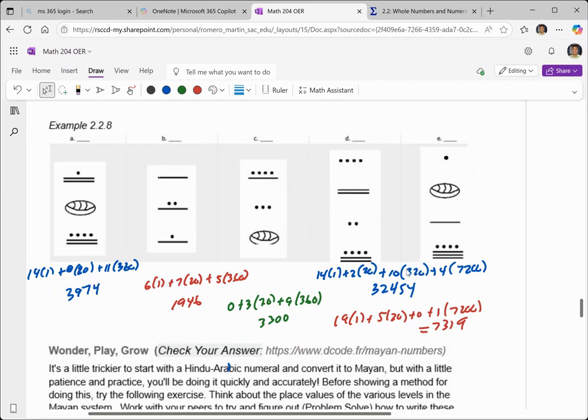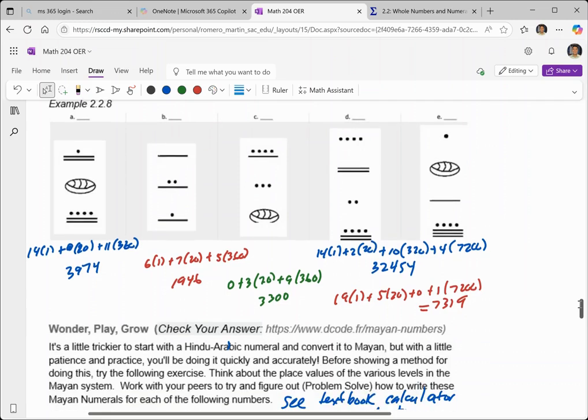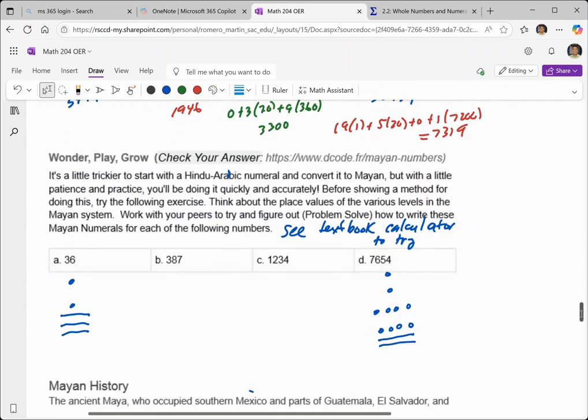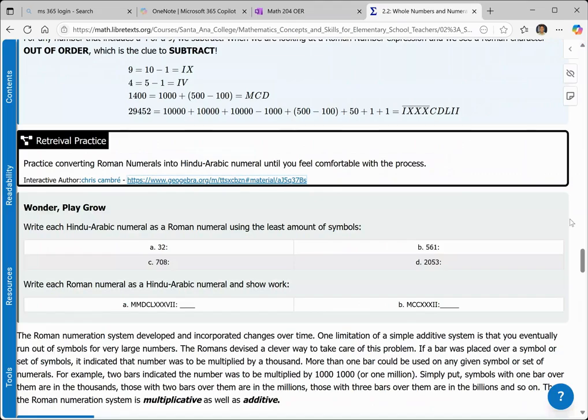So there's a 320. Notice there was a 0, so there were 0 groups there. So look at the examples. Read a little bit more in the textbook to get there, but you could pause here to take a look at that. But again, it goes after the place value. The harder questions, and you're going to see, I have a calculator in the textbook, actually, a Mayan numeral calculator.